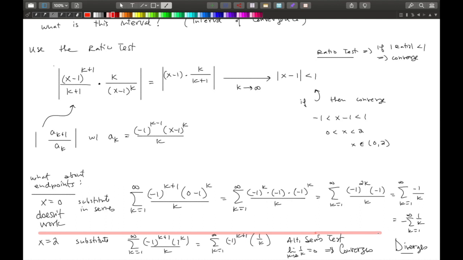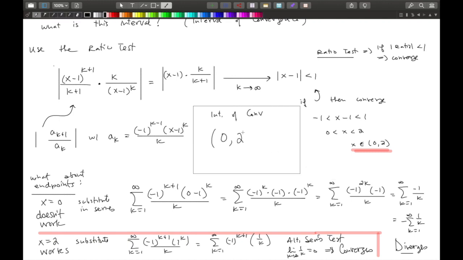And since this series converges, x equal to 2 works. And so we move back up to our interval of convergence and we add x equal to 2 to this. And so your interval of convergence is open interval 0 to 2, include 2. That's it.